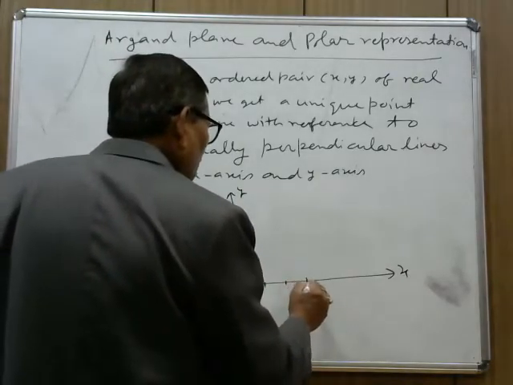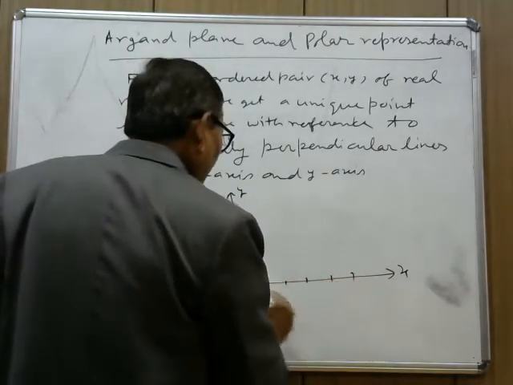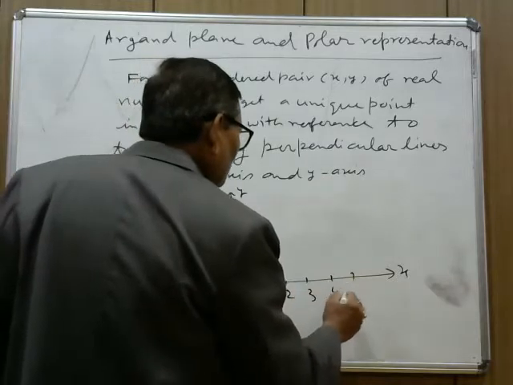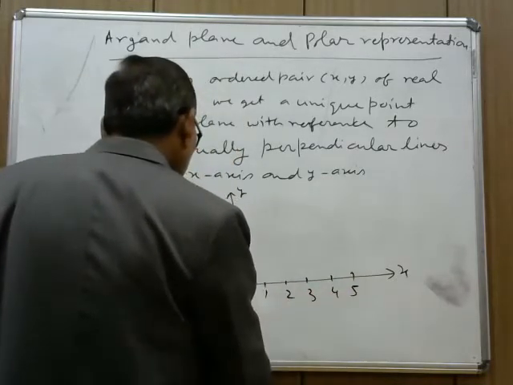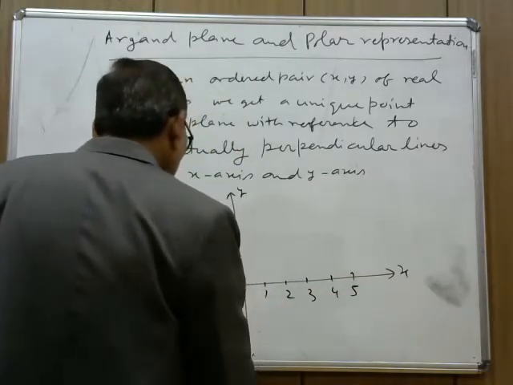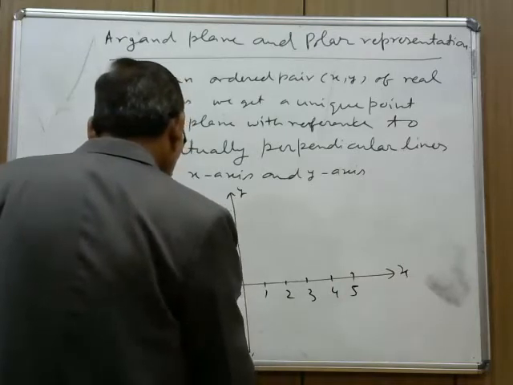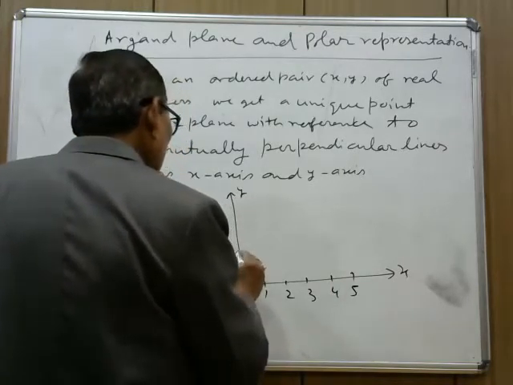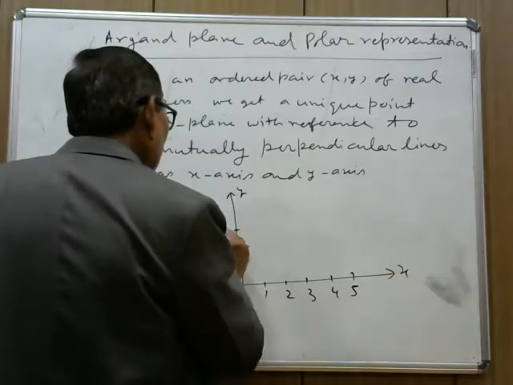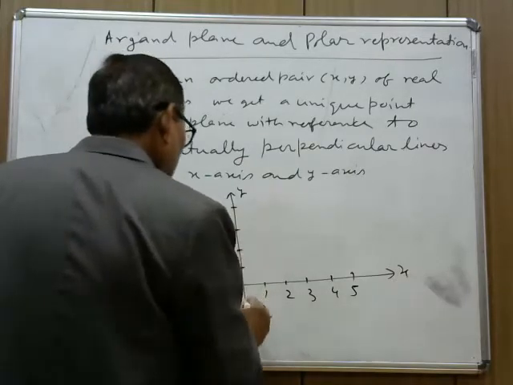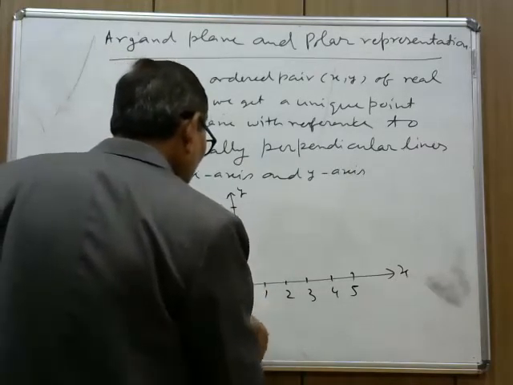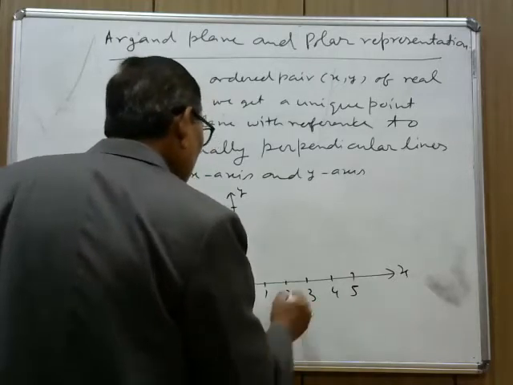1, 2, 3, 4, 5, and here -1, -2, -3. This is 1, 2, 3, 4. This is -1, -2, -3.